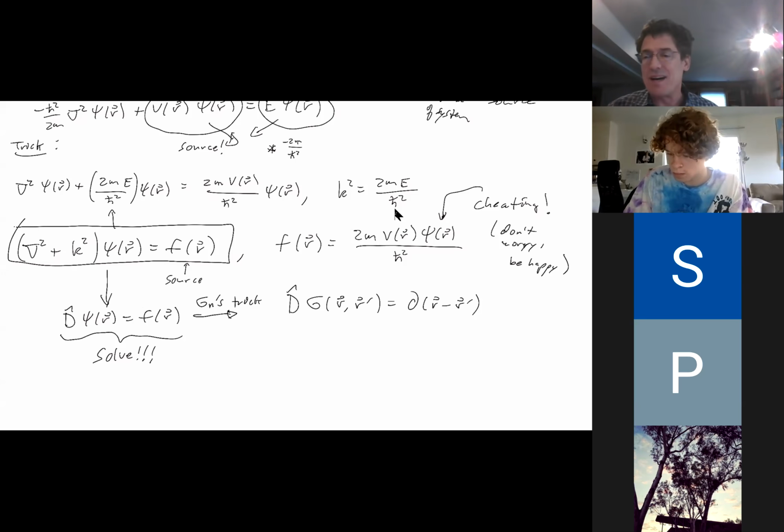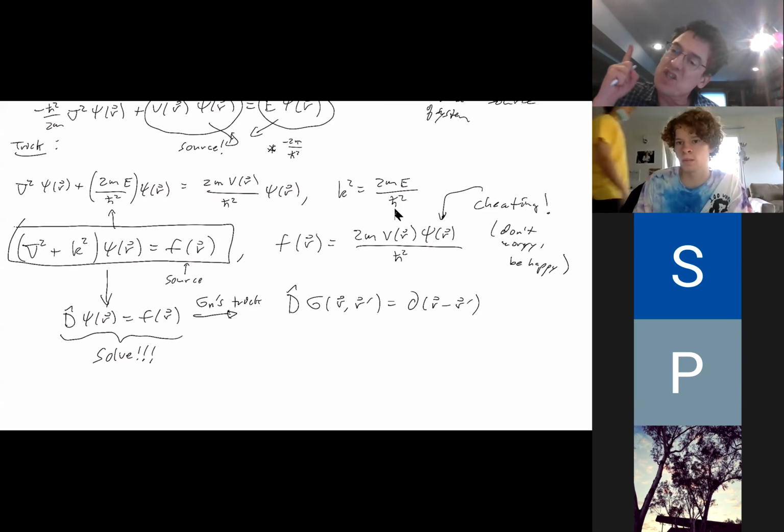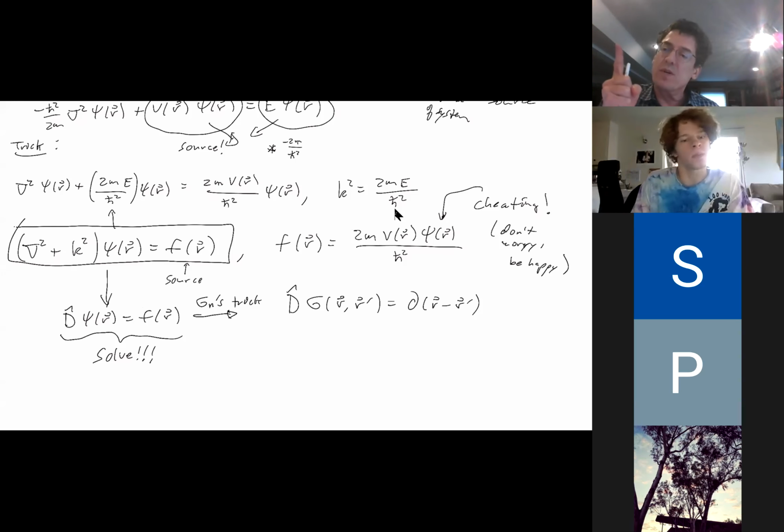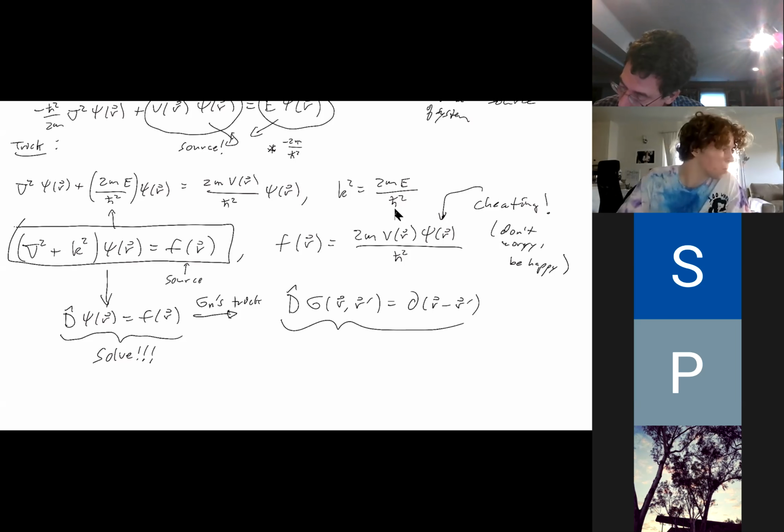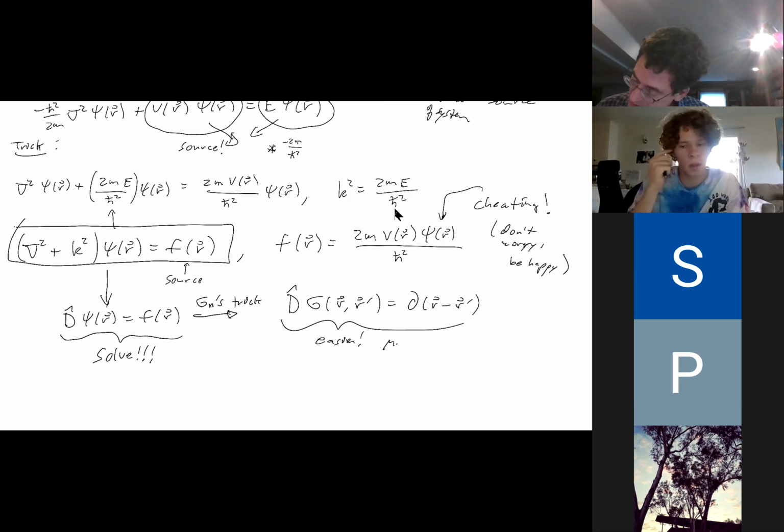That's an easier problem to solve. What we're trying to do is find the scattering off of any arbitrary potential, and that's hard. But if we can figure out the scattering off a delta function, then we can use that to generate the solution for the more complex scatterer. That's the whole philosophy of this approach. So this is the easier problem we have to solve.